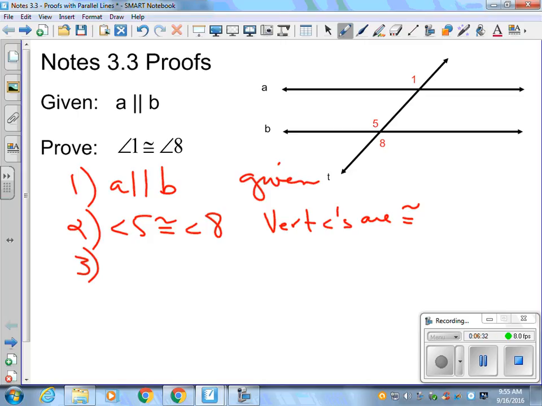So now let's go back and talk about the other one you said. So 1 and 5, are they always corresponding if they're in that location? The top left, is that always corresponding?